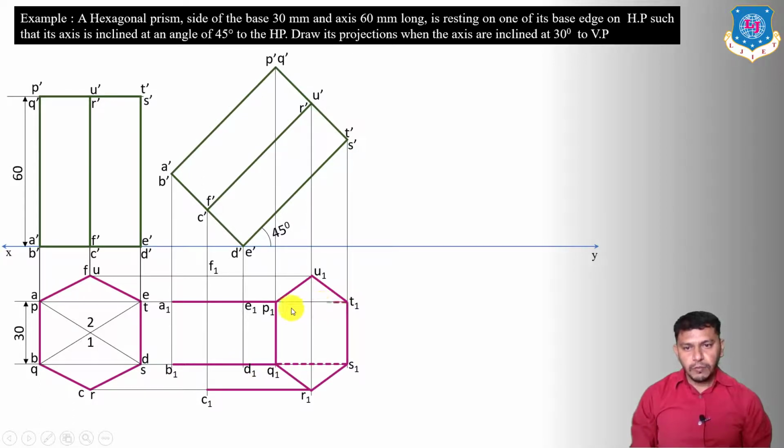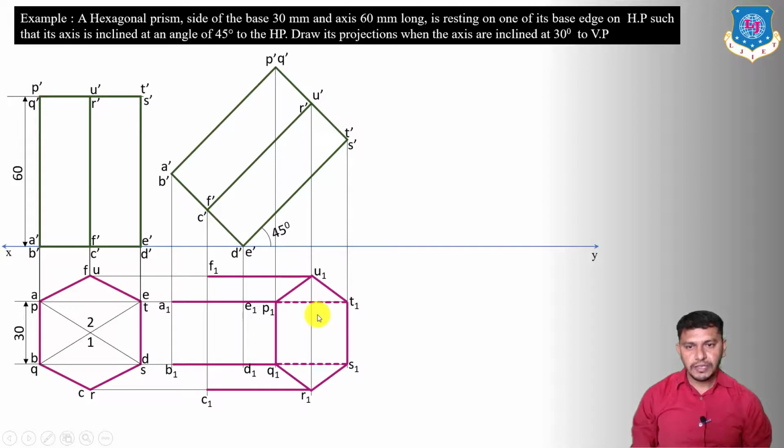T1, E1 is also going to be hidden, because as per the intersection rule, this line is going to intersect the visible outline over here, so it is hidden. Now F1, U1 is going to be visible. So all these are the side edges.